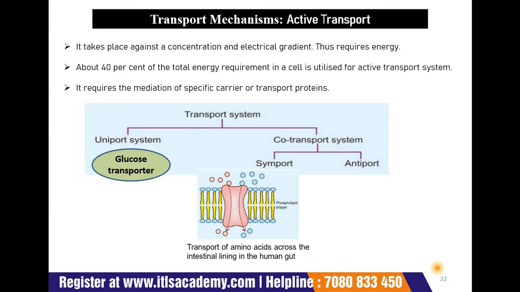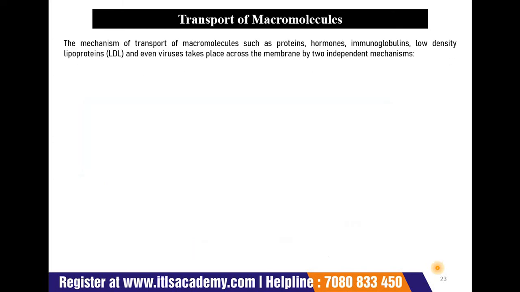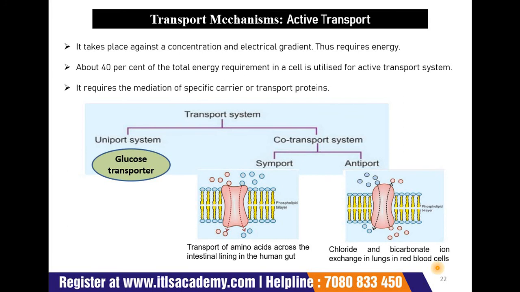Then we have another, called co-transport. We have a symport and antiport. In symport, there is a transporter which carries two solutes in the same direction across the membrane. However, in antiport, two solutes or ions are transported simultaneously in opposite directions.